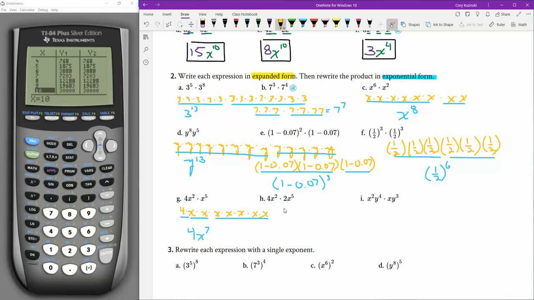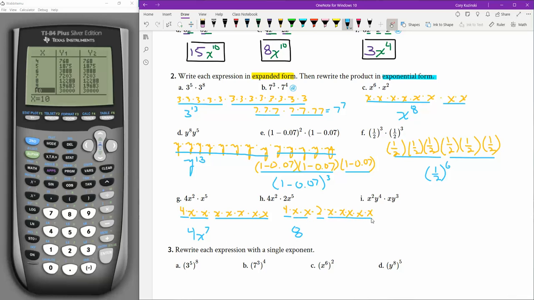This one, 4 times x times 2 times x, 1, 2, 3, 4, 5. So what do we got all together? We got the 4 and the 2, which makes 8. There's a couple different ways to think about this, actually.